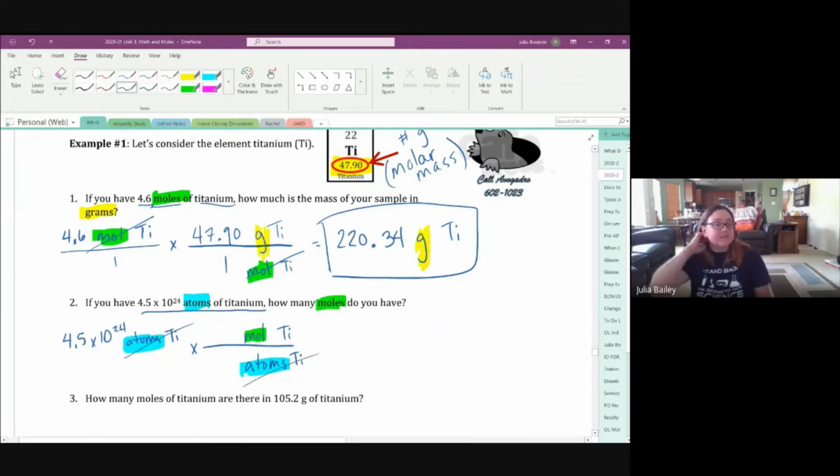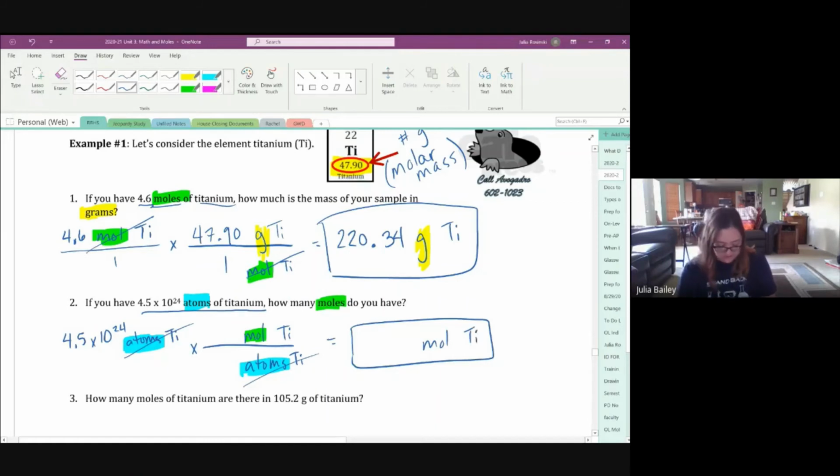And I've left myself with only moles because anything that's on top, same on top and on bottom will simplify out. It basically divides to 1, leaving me with moles for my unit, which conveniently means I'm going to have the word moles as my answer, which is convenient because they asked me to find moles, right? That's my unknown. It says right there in the problem, how many moles. That was my unknown, and I'm leaving it as my answer.